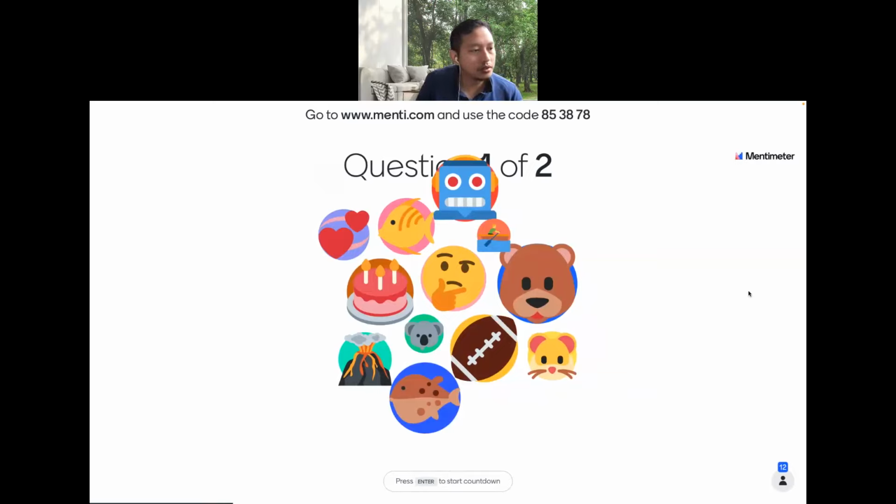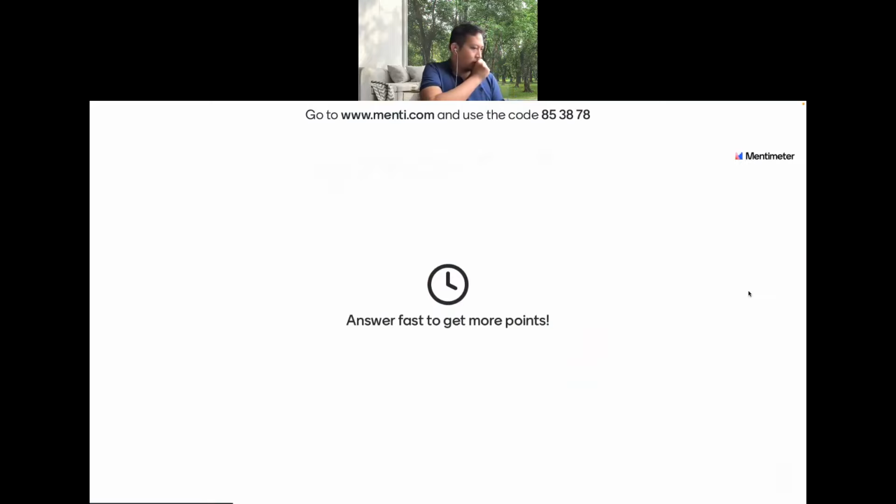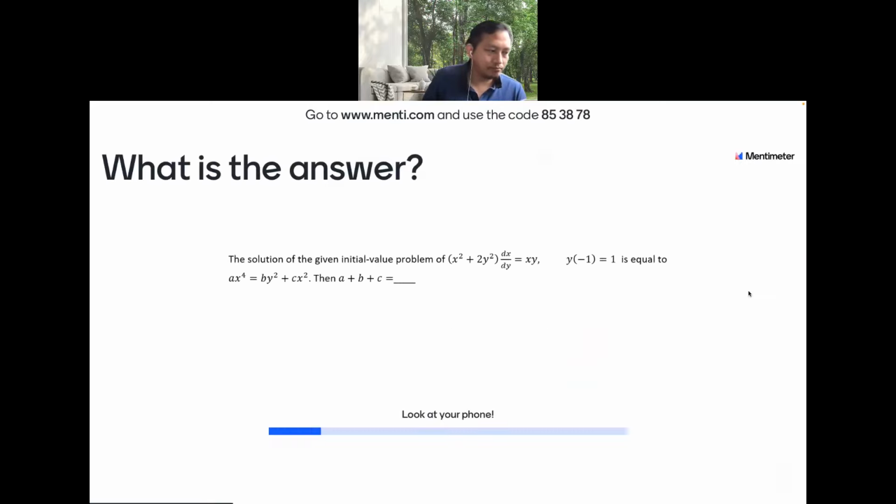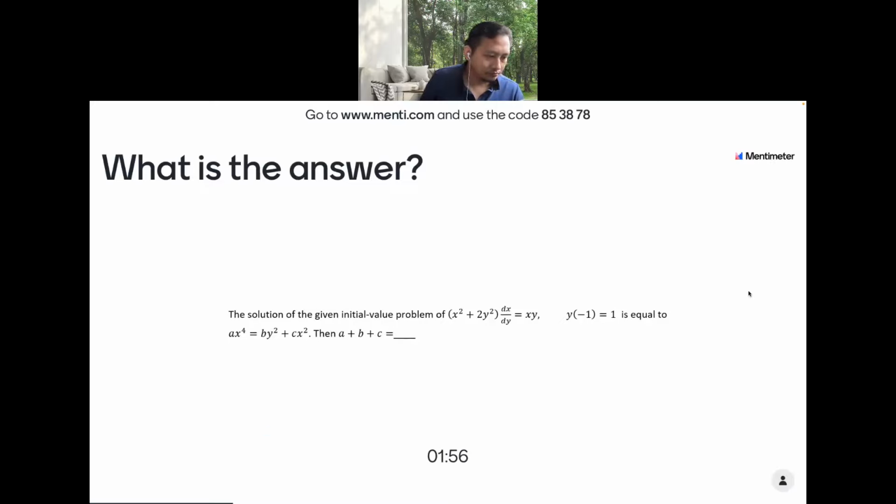The first question. If I just give you this question, can you solve this?